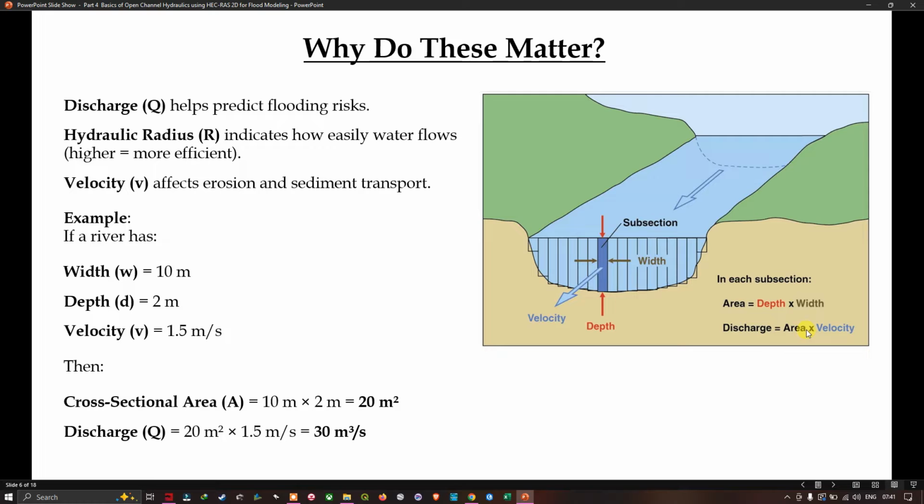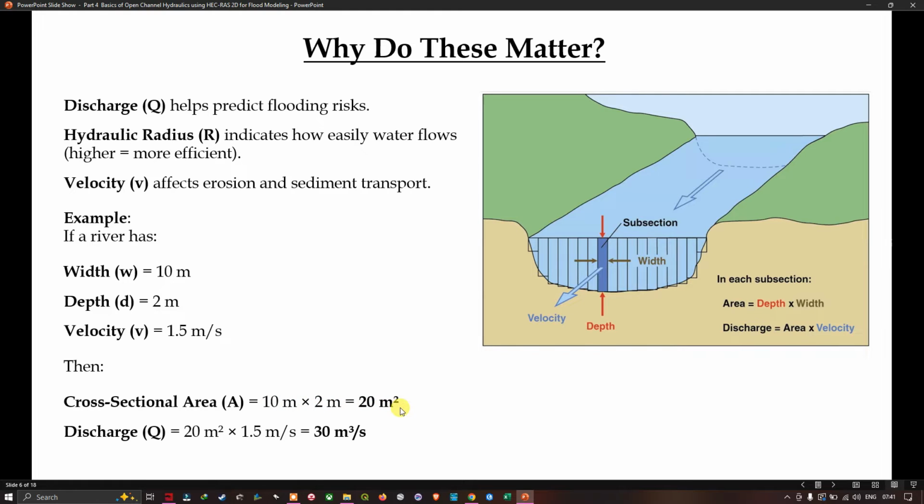To calculate the cross-sectional area, we use the formula depth multiplied by width. The depth is 2 meters and the width is 10 meters, so multiplying 10 by 2 gives us 20 square meters. That is the cross-sectional area.